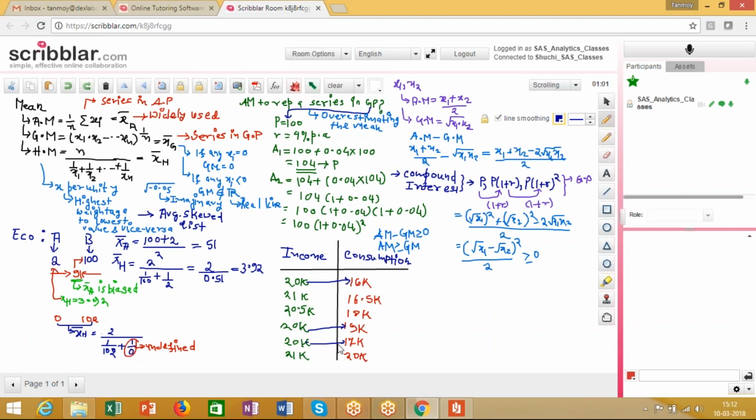Corresponding to this 20K, there is 16K, there is 20K, 19K, like this. So there is a distribution of consumption corresponding to one given level of income. Now if someone asks me what is the consumption of a representative individual who earns 20,000 per month, what do I say? Do I say 16, 19 or 17? I cannot say it like that.